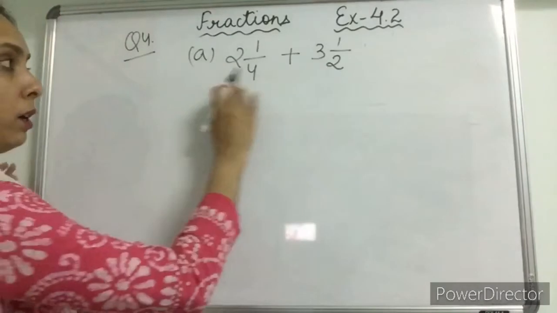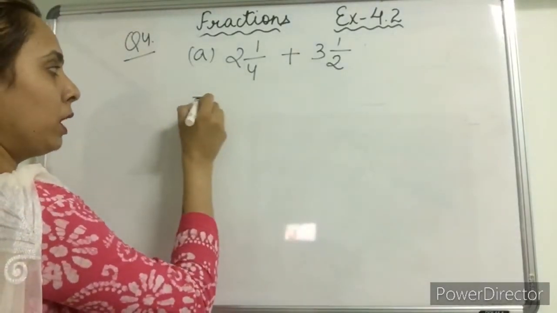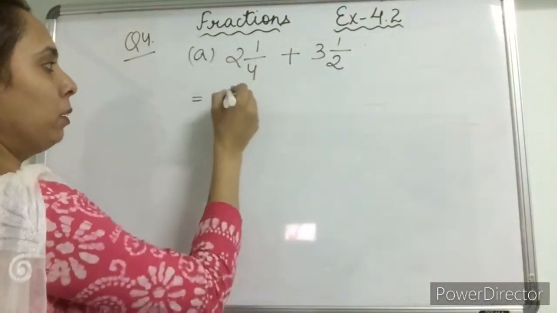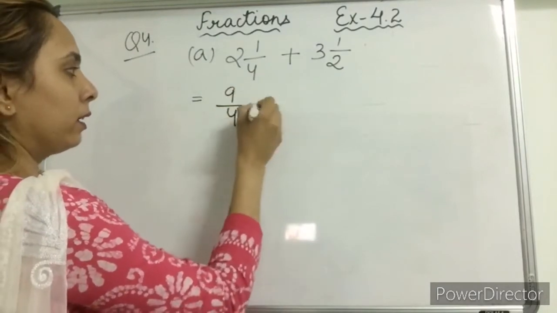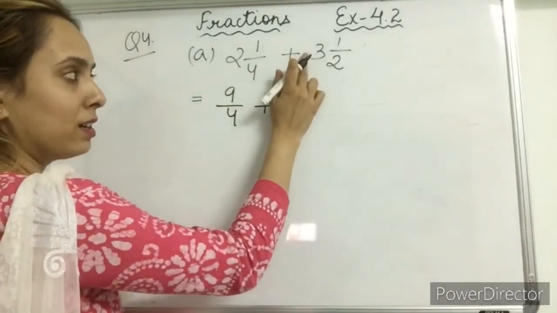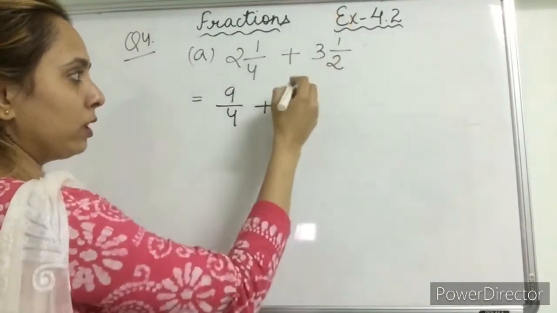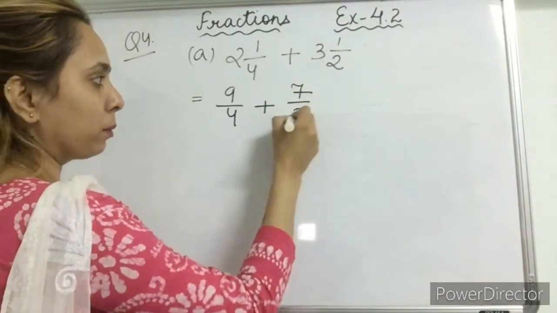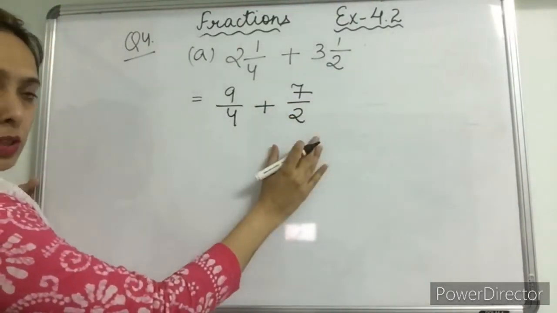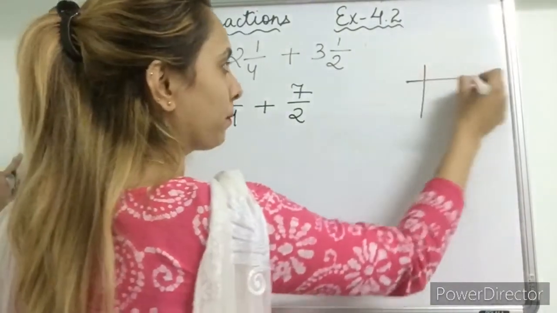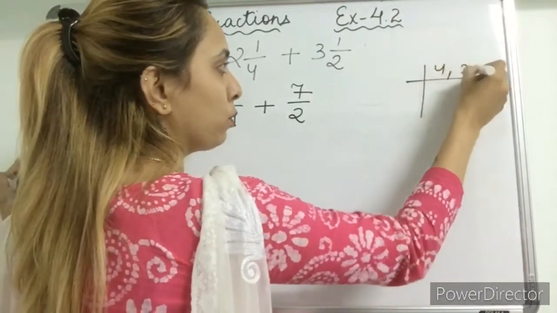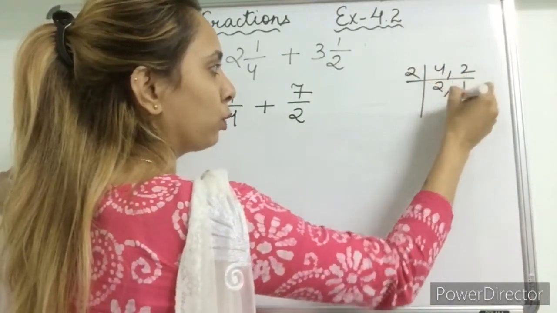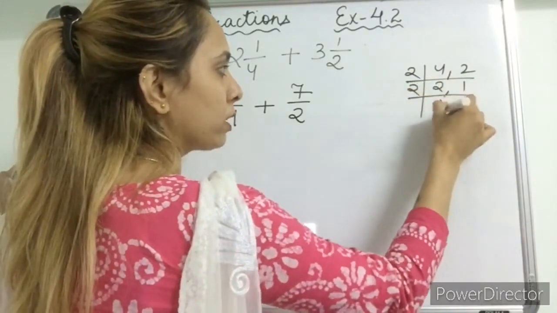So first convert these mixed fractions into improper fractions. 4 2s are 8 plus 1 is 9. 2 3s are 6, 6 plus 1 is 7 upon 2. So now we have got improper fractions. So find out the LCM. 4 upon 2. 2 2s are 4. 2 1s are 2. 2 1s are 2 and 2.